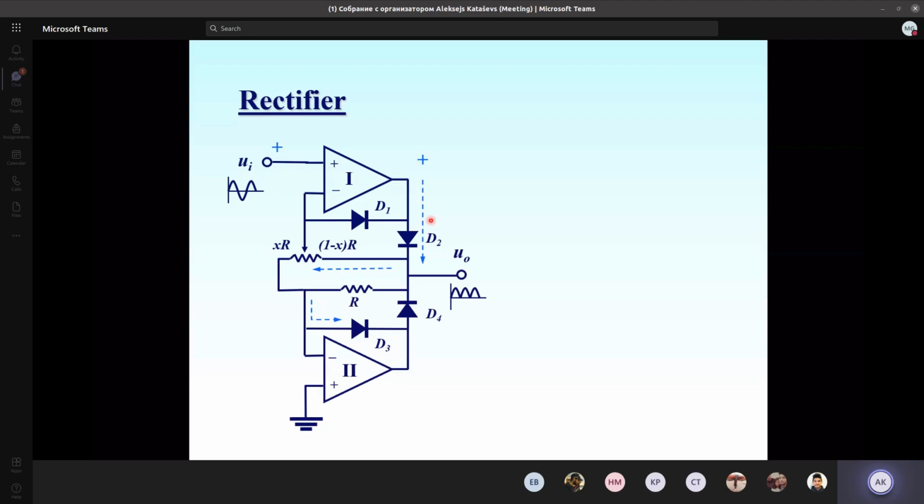So the current has to go through D2, then through this resistor R, and through the diode D3, making the feedback here. And the diode D4, in this case, is reverse biased too.